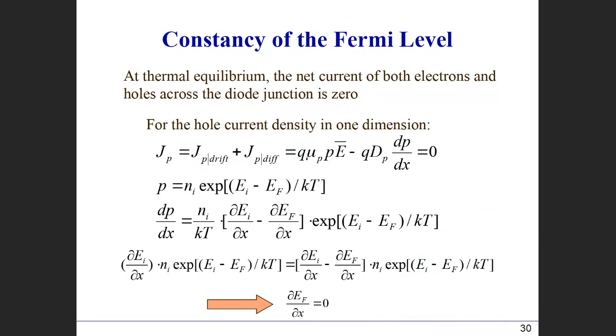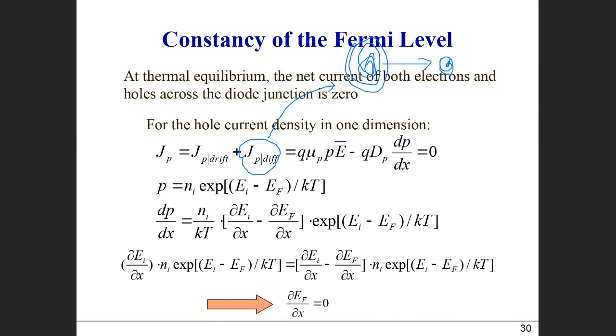And then the other current is what we call the diffusion current. Diffusion current is basically if you have a higher concentration of holes, then they naturally move to the low concentration area.